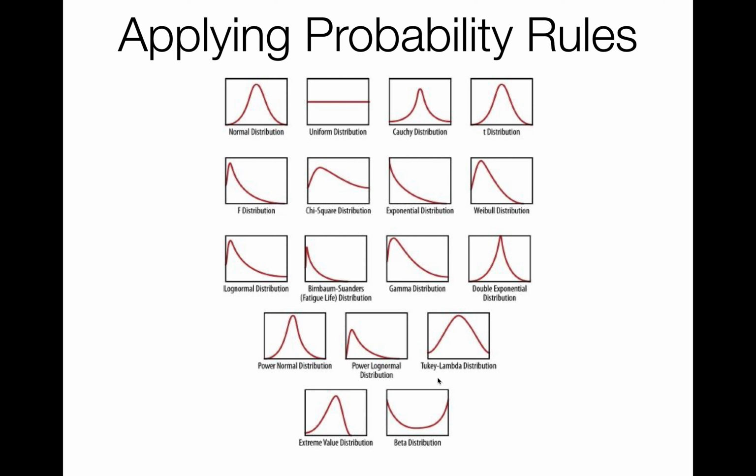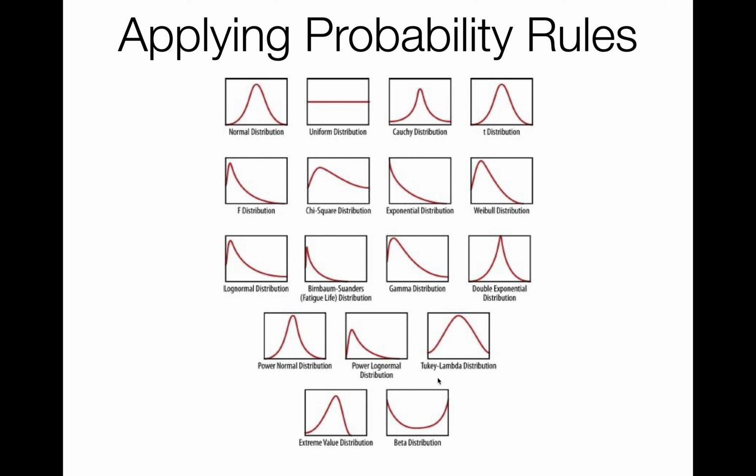So in statistics in general, we won't see a lot of this in our class because it's just an intro one. But in statistics, there are a bunch of different equations that model a bunch of different real life situations.